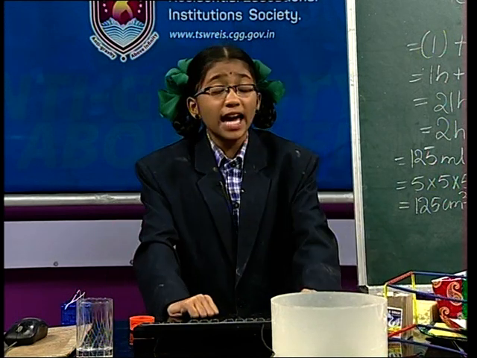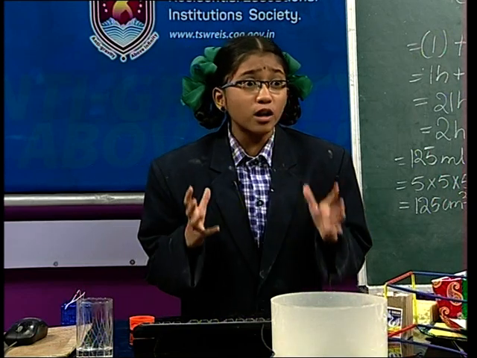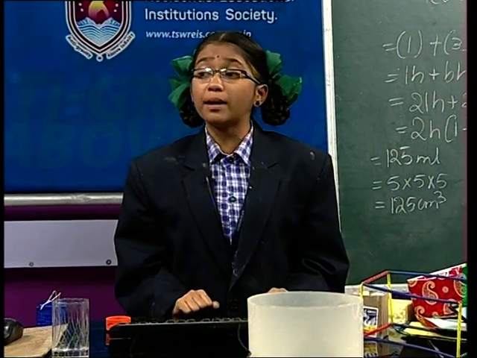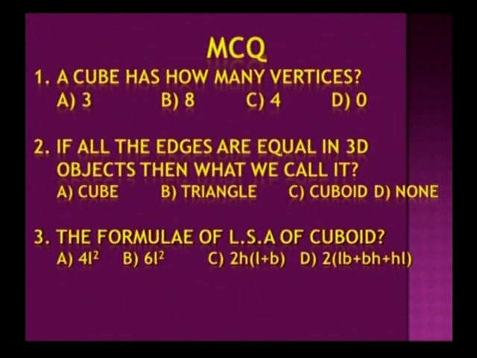Now, the formula of the LSA of a cuboid. Think, sparrows. What is the LSA of cuboid formula? 4L square, or 6L square, or 2H(L plus B), or 2(LB plus BH plus LH)? Do you recognize your formula, sparrows? Excellent. Very good. Wonderful answer.